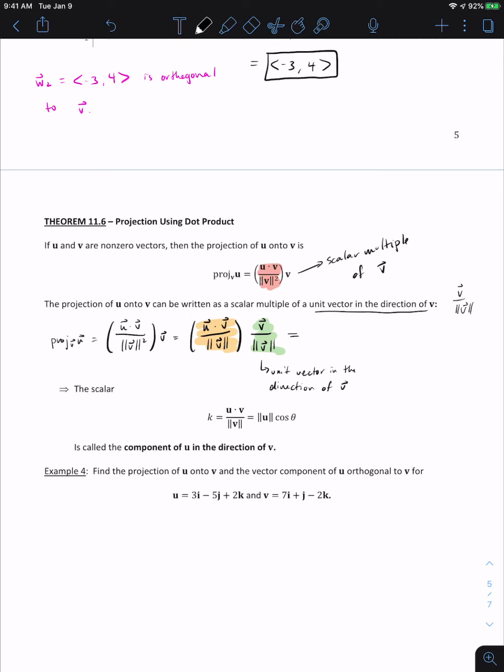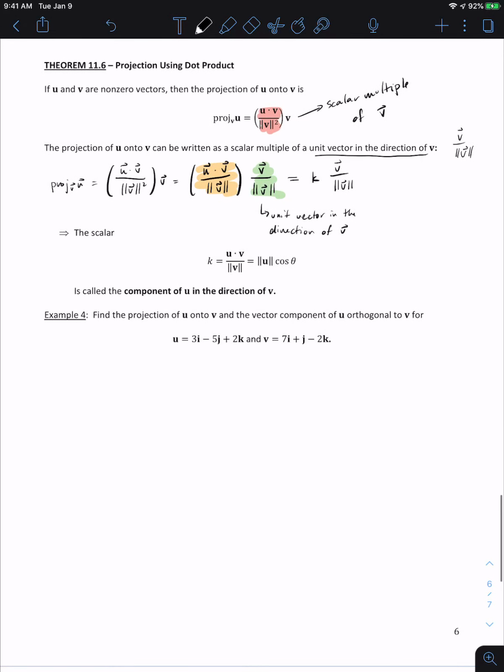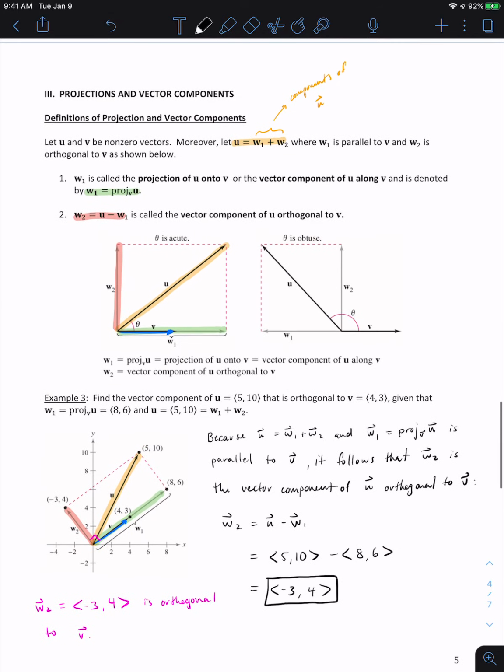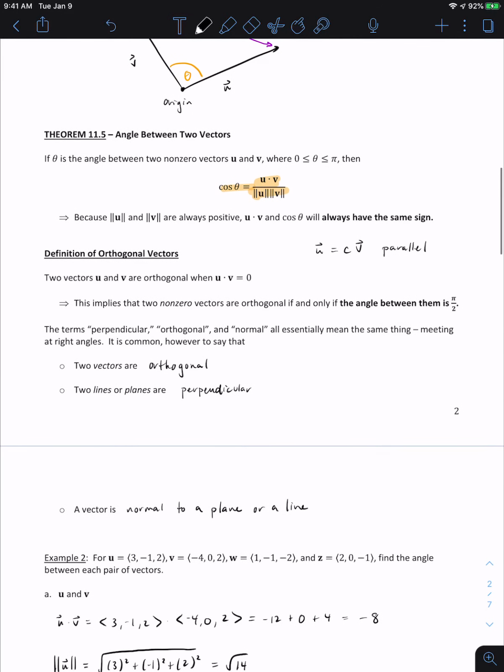So that u dot v over the magnitude of v, we can just call some scalar k times that unit vector, which is v over the magnitude of v. And that scalar k, u dot v over the magnitude of v, can also be thought of as the magnitude of u times cosine of theta, because of the formula all the way back right here in orange.